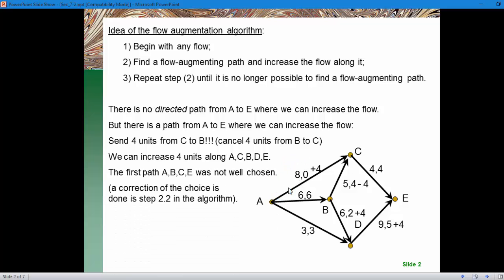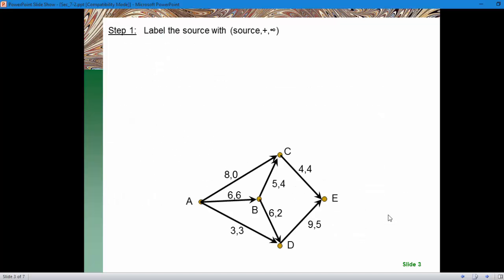So that is the path where we can increase the flow. This is not a directed path because this edge is going against the direction of the path. But if we ignore the arrows, then this is a path, simply considering this as a graph. Along that path, we increase 4 units of flow.